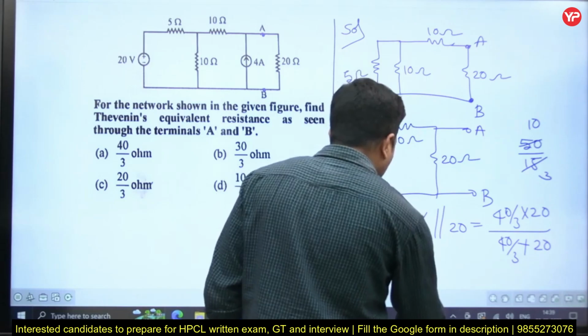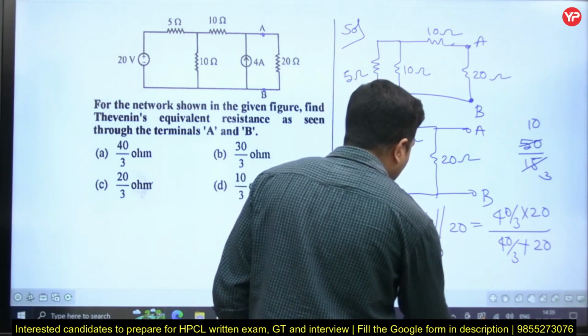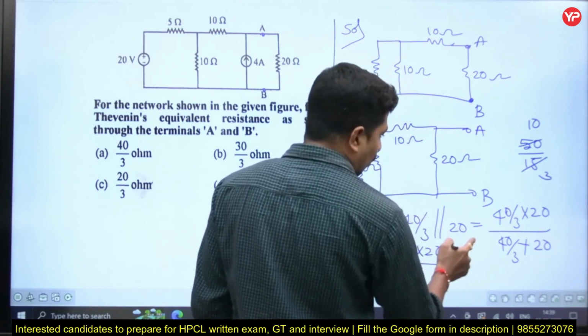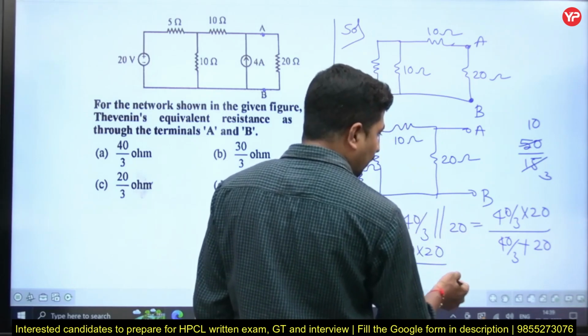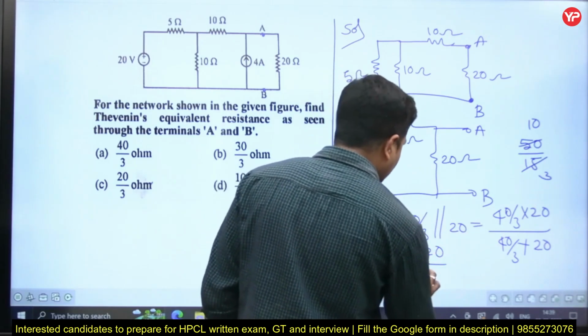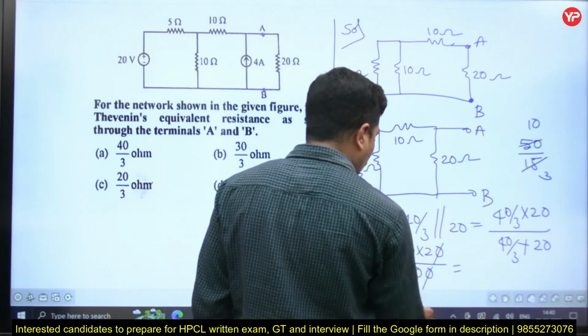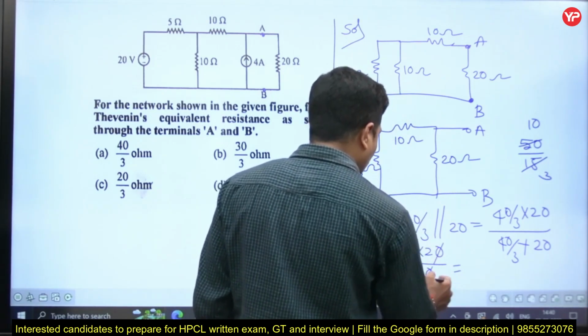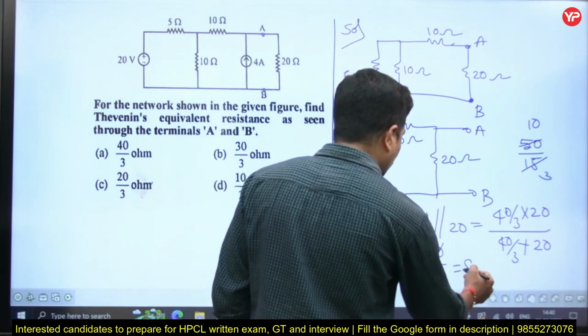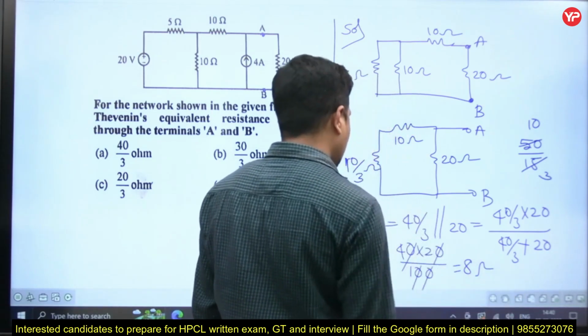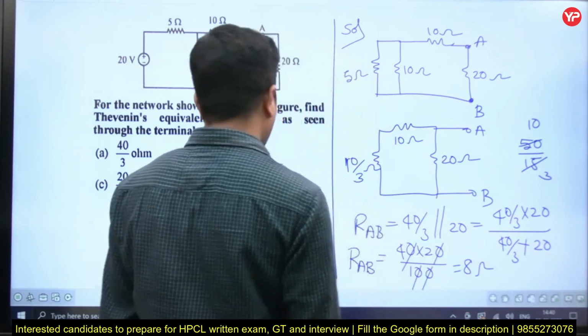The by 3 will get cancelled. 40 into 20 is 800 by 100, it is 8 ohms.